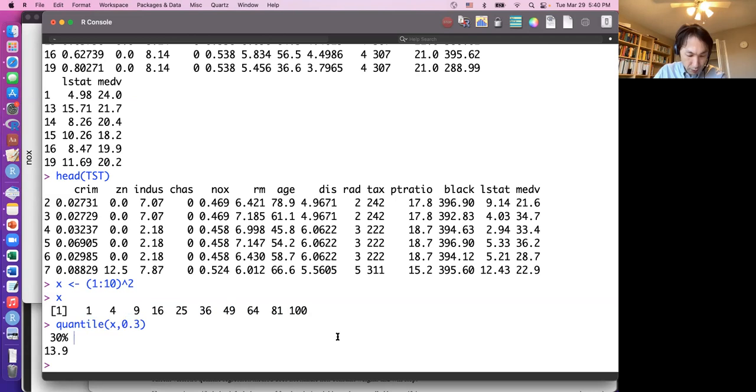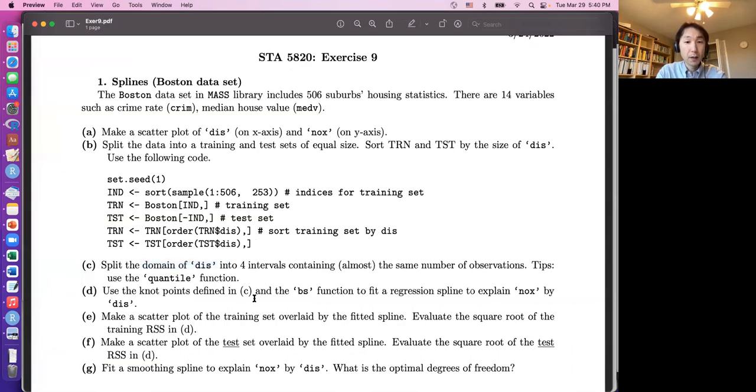Yeah, this is C. Then D: use these knot points that are defined in C, and the bs function, the basis spline function, to fit the regression spline to explain NOx by DIS.